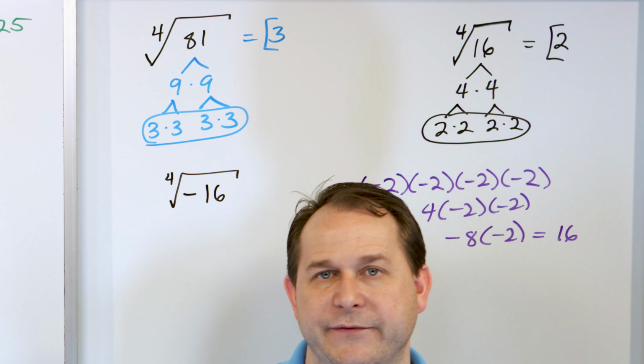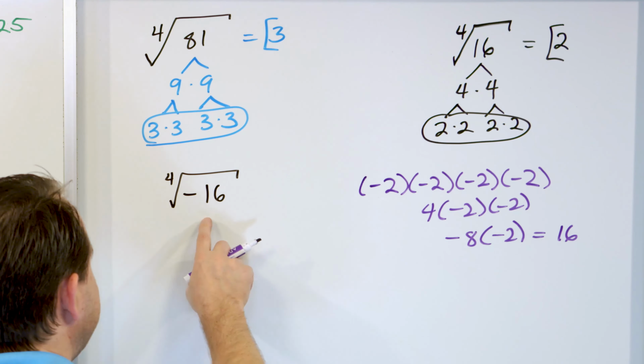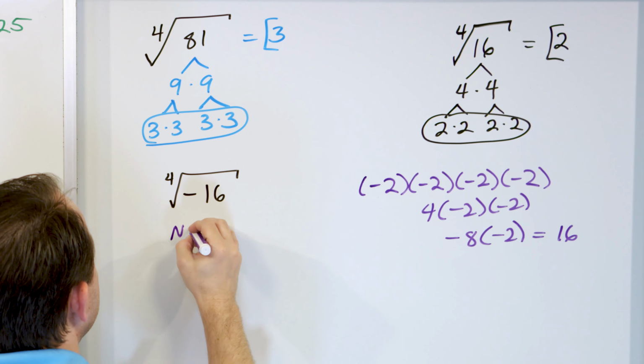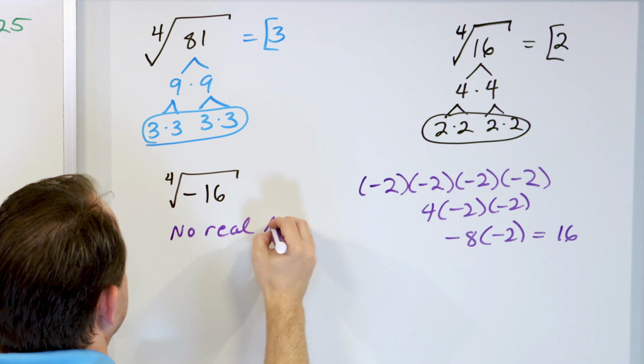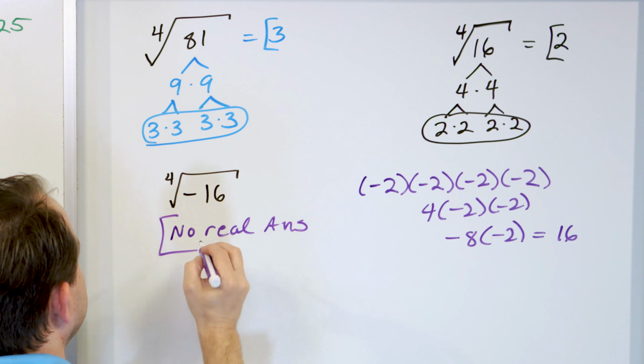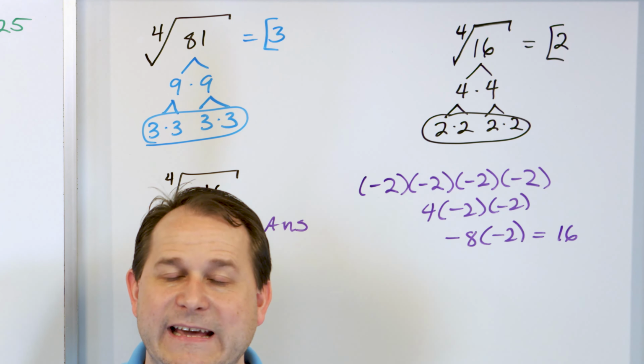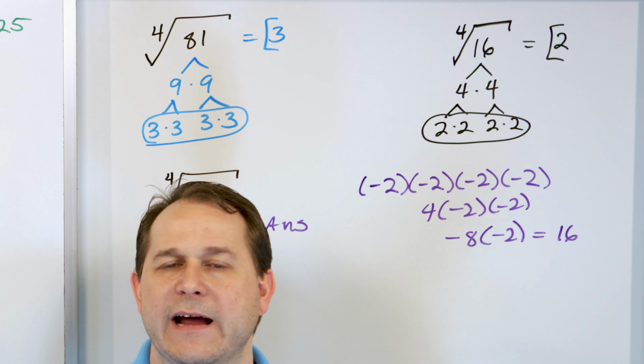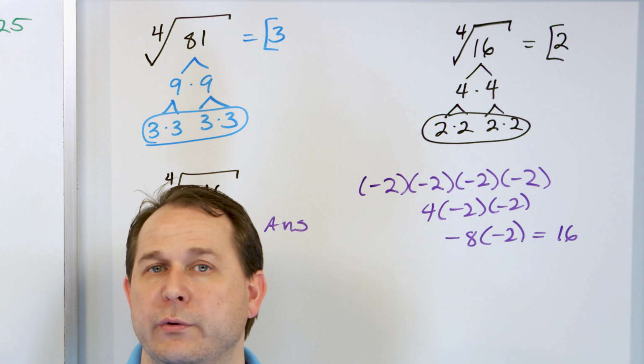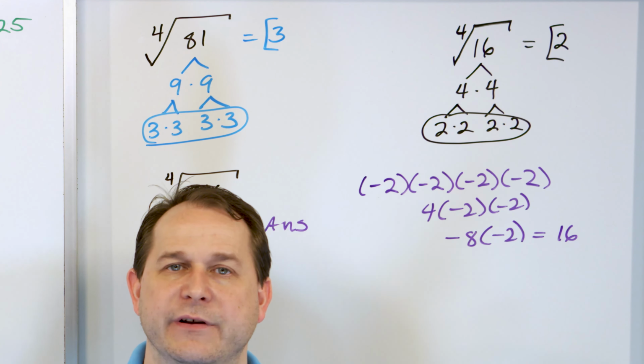I can never get negative 16. So you say that this has no real answer, right? So what I was trying to say before is what I'm going to say again and again. Square roots of negative numbers don't exist. Fourth roots of negative numbers don't exist. The pattern continues.